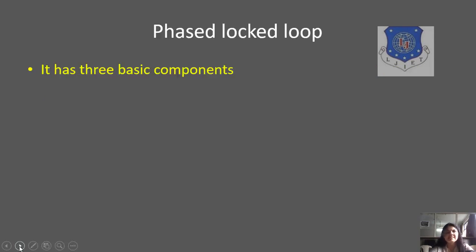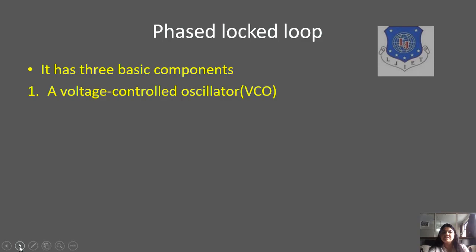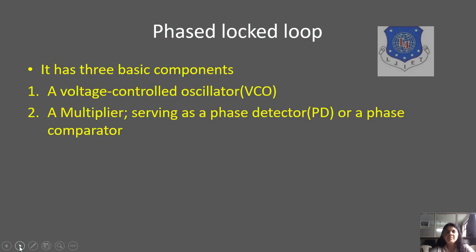PLL has three basic components. One is the voltage control oscillator, the VCO. According to the applied voltage, the frequency produced by the VCO can be changed. Then a multiplier, serving as a phase detector or phase comparator, and a loop filter H(s), which works as a low pass filter.